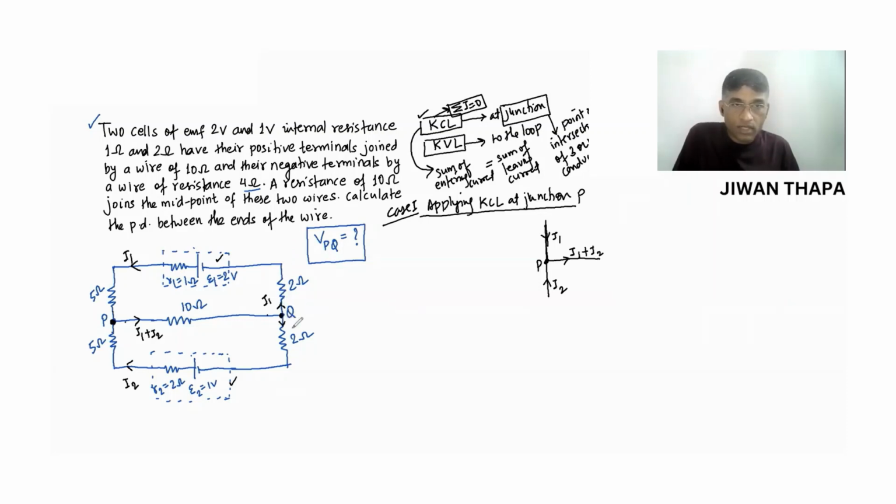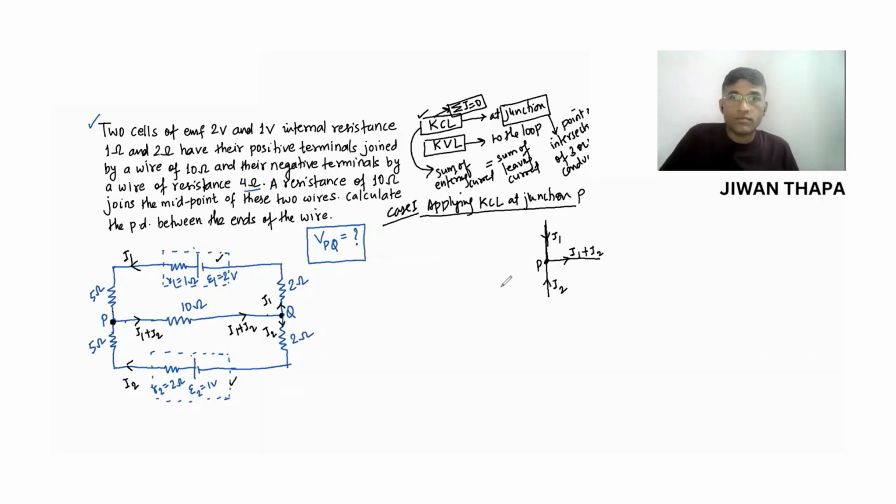Next, I2 flowing along this direction. So this is how we apply Kirchhoff's current law at junction Q.